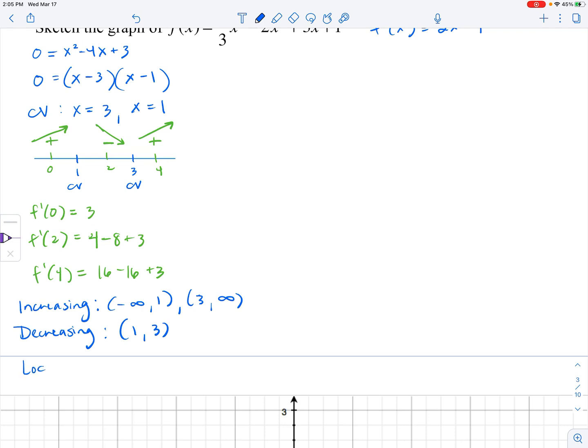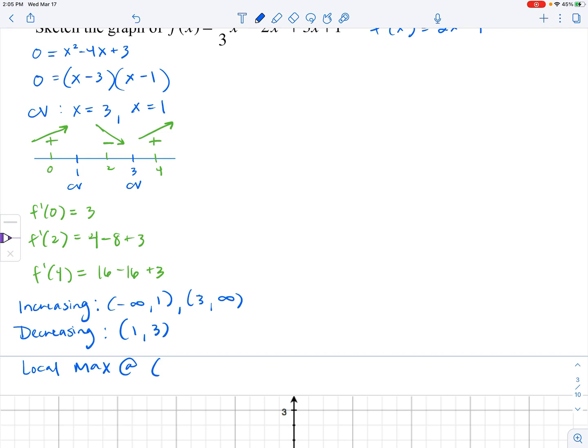Okay. And from that analysis line, we're able to see there would be a local maximum at x equals 1. And it's going to be more helpful to us if we know the actual point. So I can plug 1 into the original function.